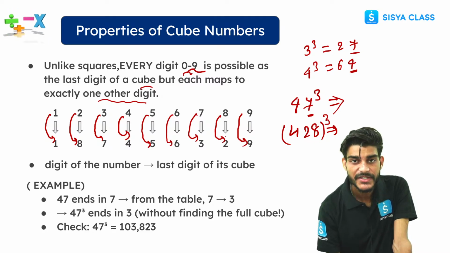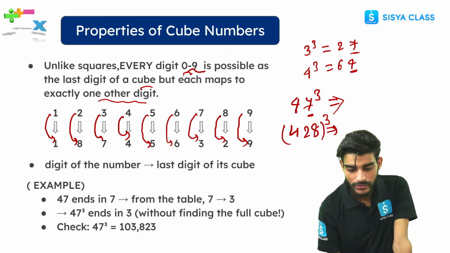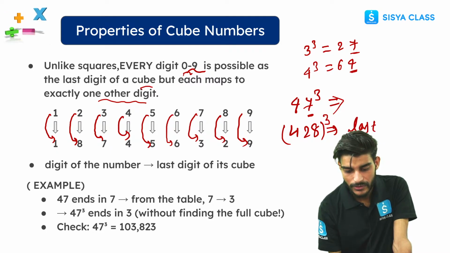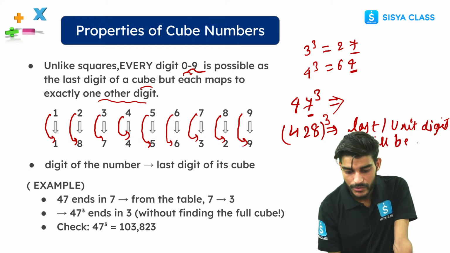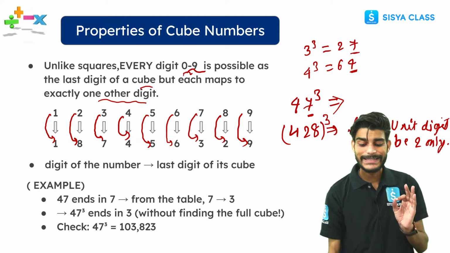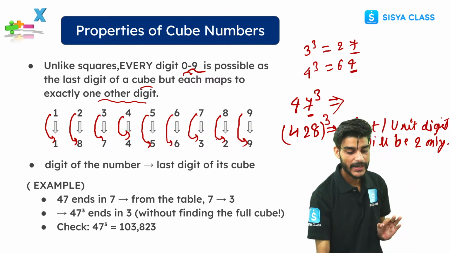See the mapping chart. 8 maps to 2. So the unit digit will be 2 only. Okay? The units digit you can guess from this chart.